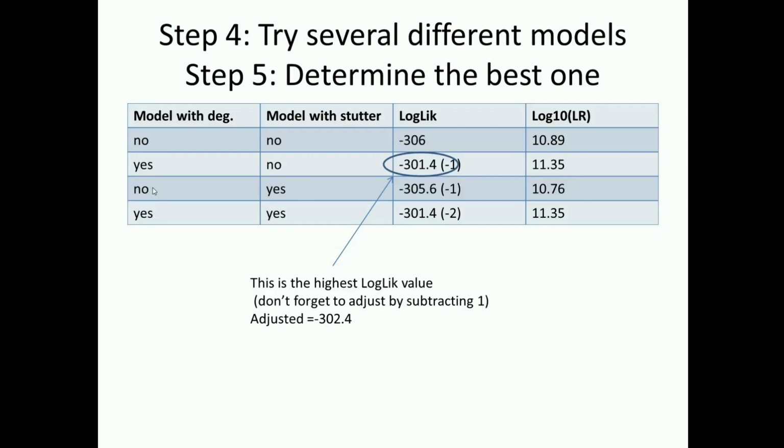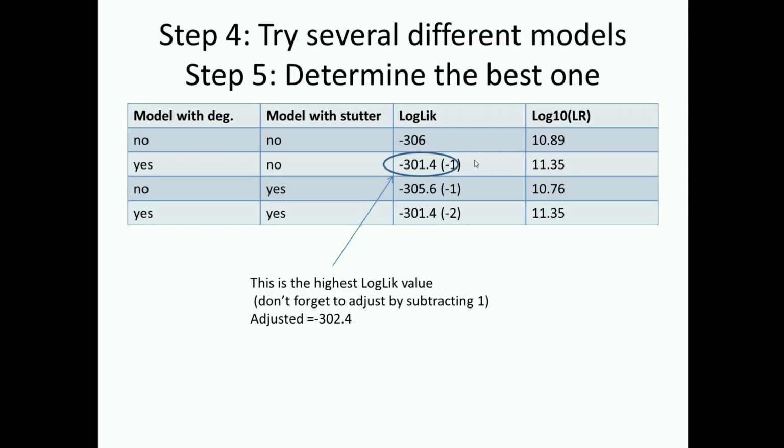Next we try a model without degradation with stutter, and this gives a log likelihood of minus 305.6. Again we penalise this with minus 1, so the log likelihood is adjusted to minus 306.6. And then finally model with degradation with stutter, and this is penalised by minus 2 because we have two extra parameters here, and this would be minus 303.4.